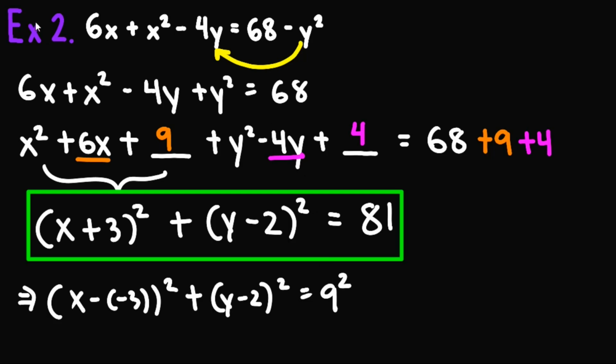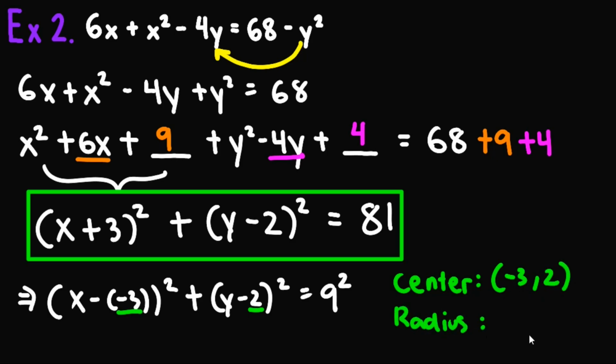So we know that the center is given by these here. So we have negative 3, 2, while the radius is given by 9 units. So that is the answer for this problem.